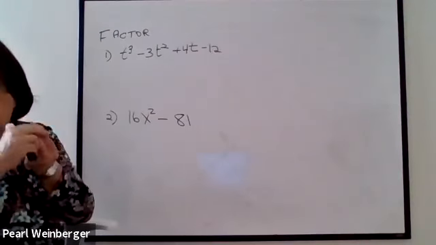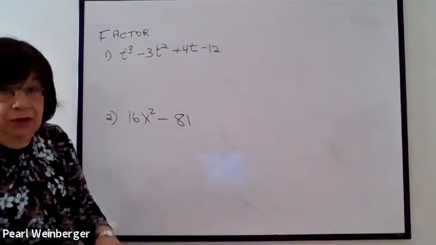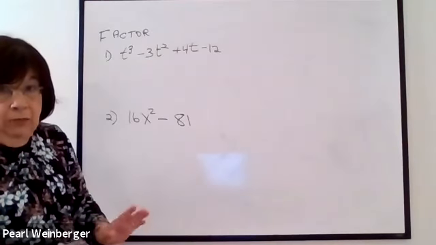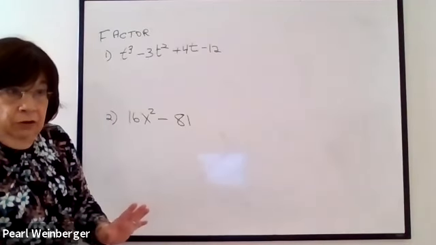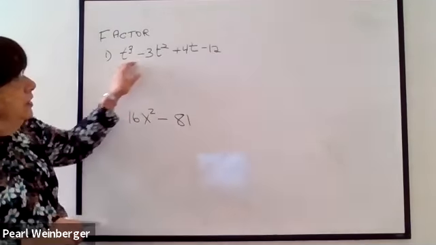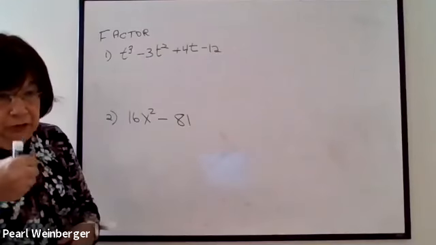When it has 4 terms, the only way we can go ahead is to see if we can factor by what's called grouping. Are there other ways to factor 4-term things? Yes, but that's beyond the scope of this course.